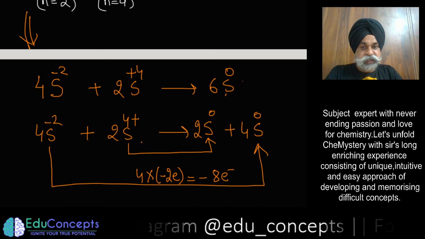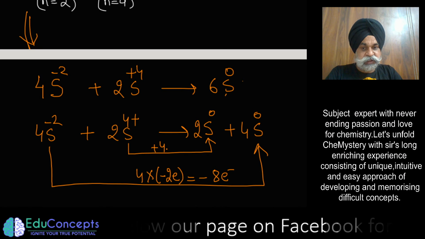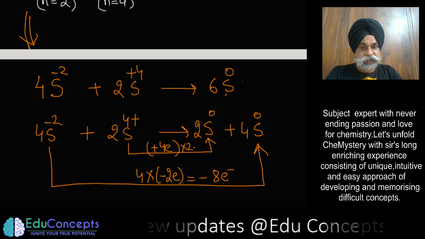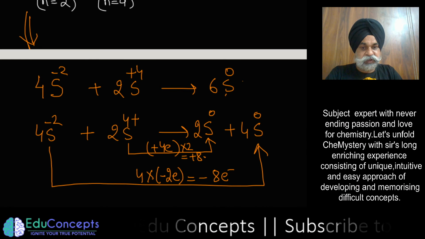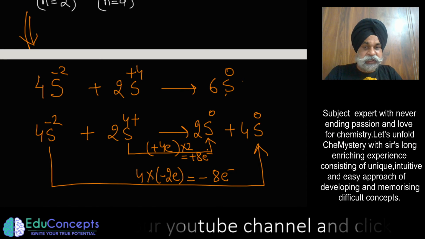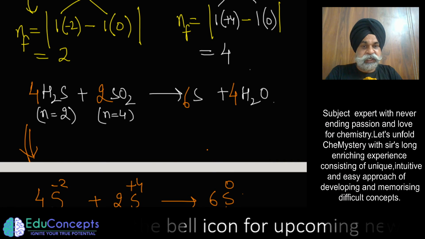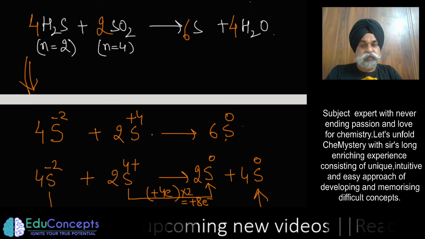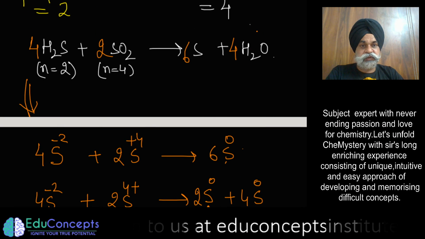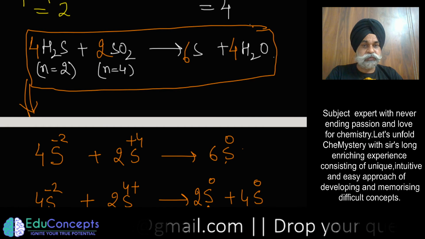So we may say that 1 mole of sulfur +4 is gaining 4 electrons, and such sulfurs are 2 in number, so they are gaining 8 electrons. So total there is an exchange of 8 electrons. Now what I am trying to say is that during this reaction, how many moles of electrons have been exchanged? In this balanced equation, the total exchange of electrons happened to be 8 electrons.